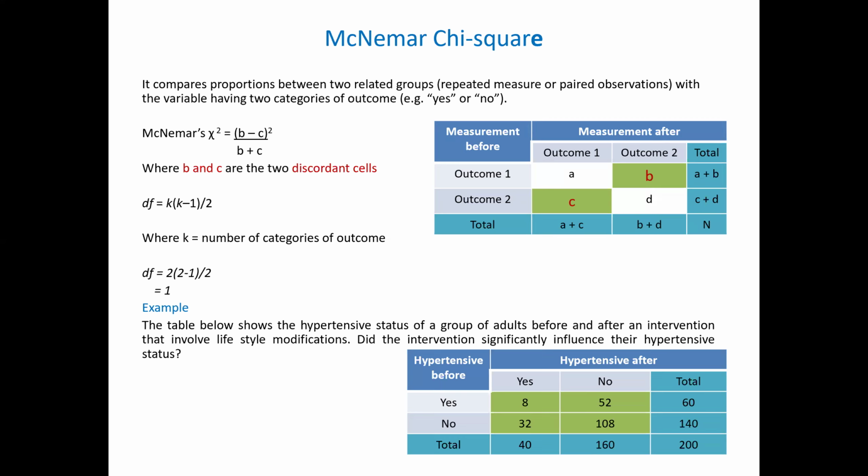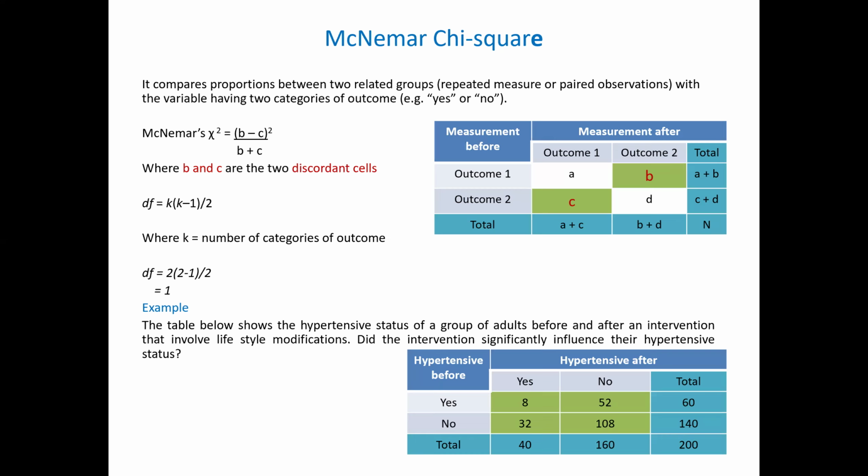So after assessment, you see there are 200 of them. You assess them. From there, you see out of the 200, 60 were hypertensive. So the before is along the row. Out of 200, 60 were hypertensive, and non-hypertensive are 140, adding up to 200.